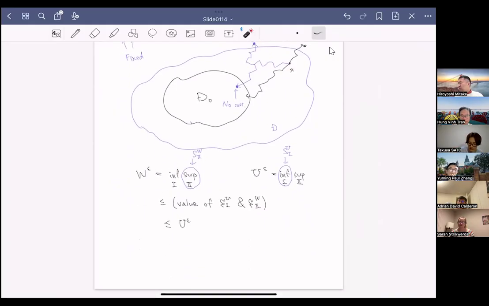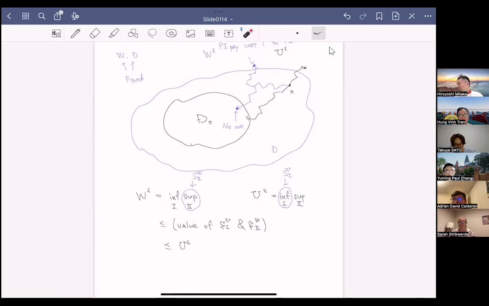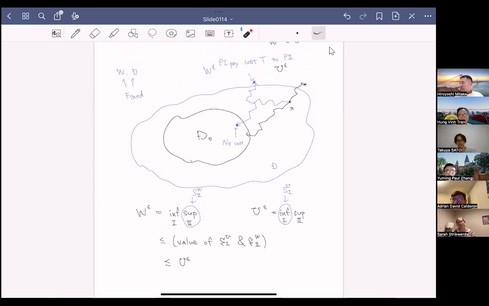So we can show this inequality mathematically. So this is a really rough strategy of proof. Thank you.